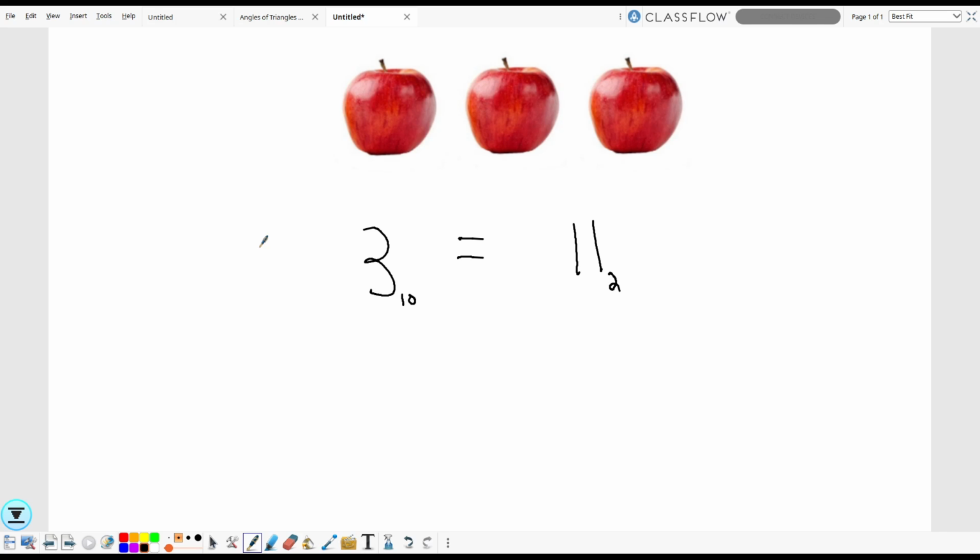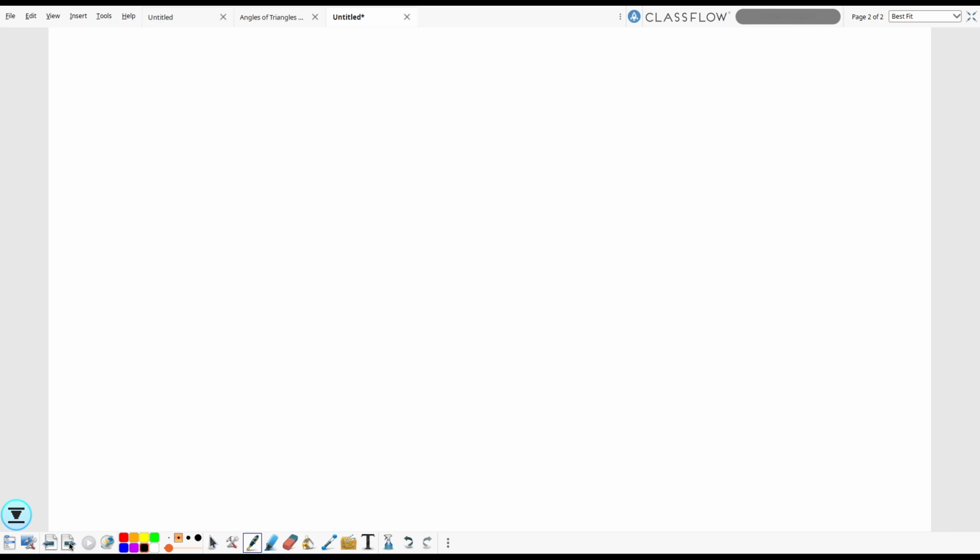So 1 1 in binary is the same thing as 3 in our number system. And that's what I mean by we can just use different symbols to represent the same idea: the idea that we have 3 apples in this picture. So a lot of this is going to be weird at first, but hopefully it will make some sense.